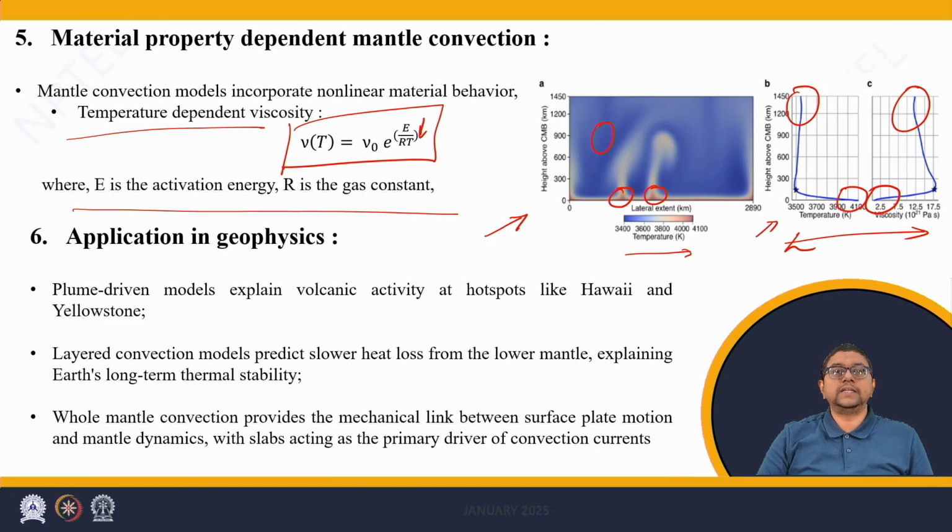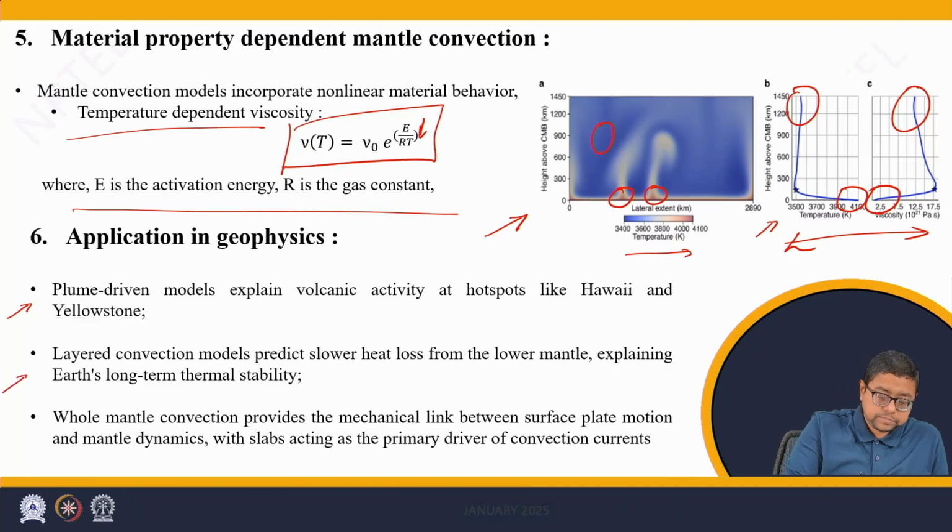These models explain certain observations on the surface of the Earth. The plume-driven model can explain volcanic activity such as hotspots like the Hawaiian Islands and Yellowstone National Park activities. If we consider the layer convection model, it predicts slower heat loss from the lower mantle.